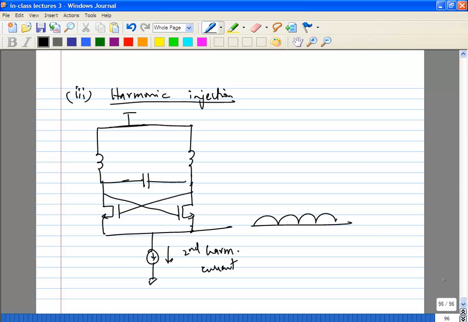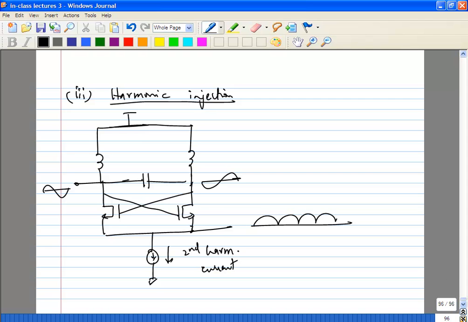Okay, so now what you are going to do is exploit the second harmonics in the circuit to couple the two oscillators, because if you have an oscillator which has some signals at the output, you can show that the second harmonic has a particular phase relationship with the fundamental. Okay, so you can exploit that, because if two oscillators are going to be in quadrature, that means that the second harmonics are also going to have some phase relationship, because each one has a phase relationship with its own output.